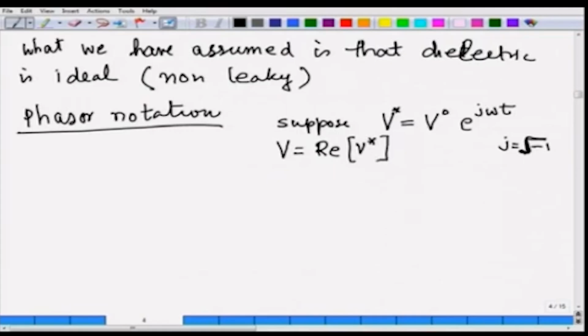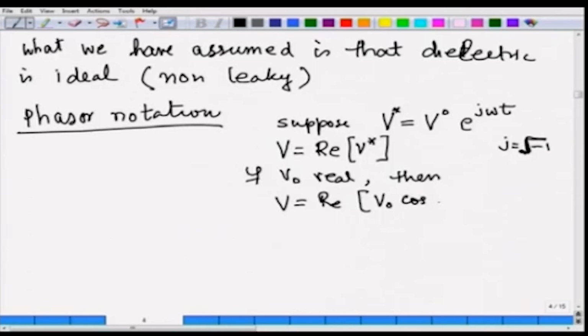For example, if V0 is real, then you can write V as the real part of V0 cos omega t plus V0 j sin omega t, and so this V will be simply V0 cos omega t.